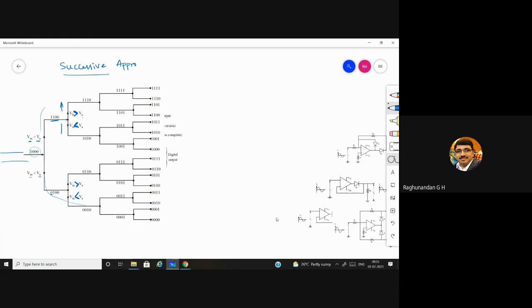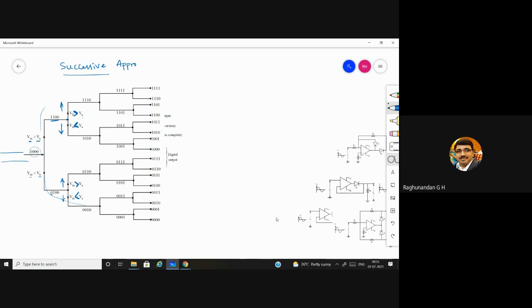For the branch which is going downwards, we consider V in is less than VA. Again here also, the branch which is going upwards is the condition where we are taking V in is greater than VA. The branch which is going downwards, we consider V in less than VA.